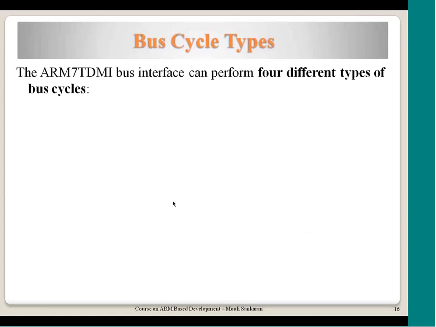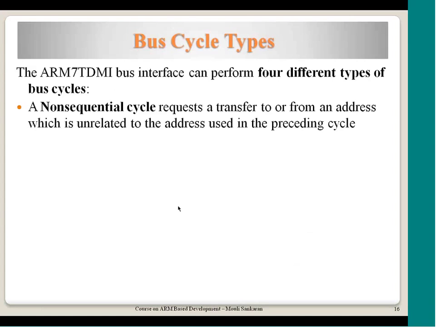Now let us talk about different bus cycles. I mentioned sequential and non-sequential. Let us see what they mean. A non-sequential cycle requires the transfer to or from an address which is unrelated to the address used in the preceding cycle. What I mean by this is that suppose you look at the address bus and the data bus. There is one address coming out of the processor, goes to the memory, and the data is given out by the memory. Now the next address is coming.